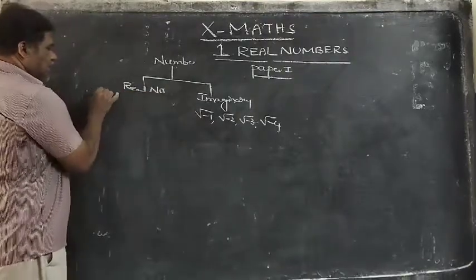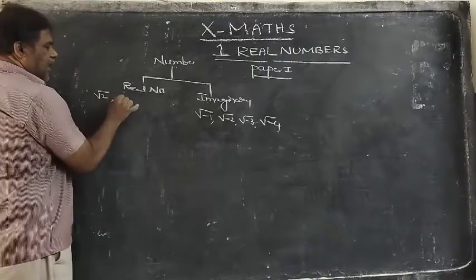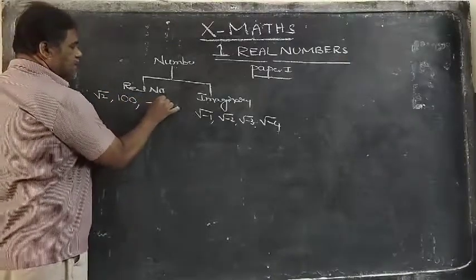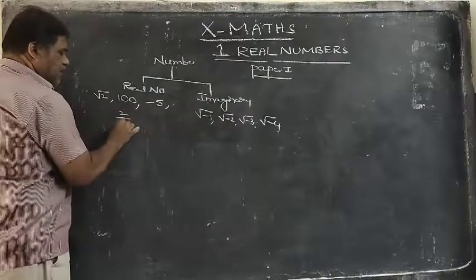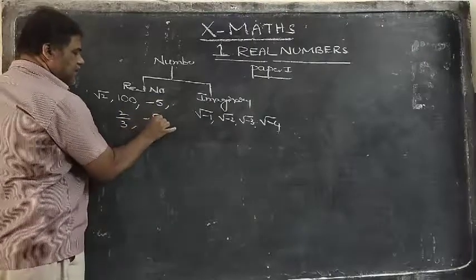For example, root 2 is a real number, 100 is a real number, minus 5 is a real number, 2 by 3 is a real number, minus 5 by 6 is a real number.